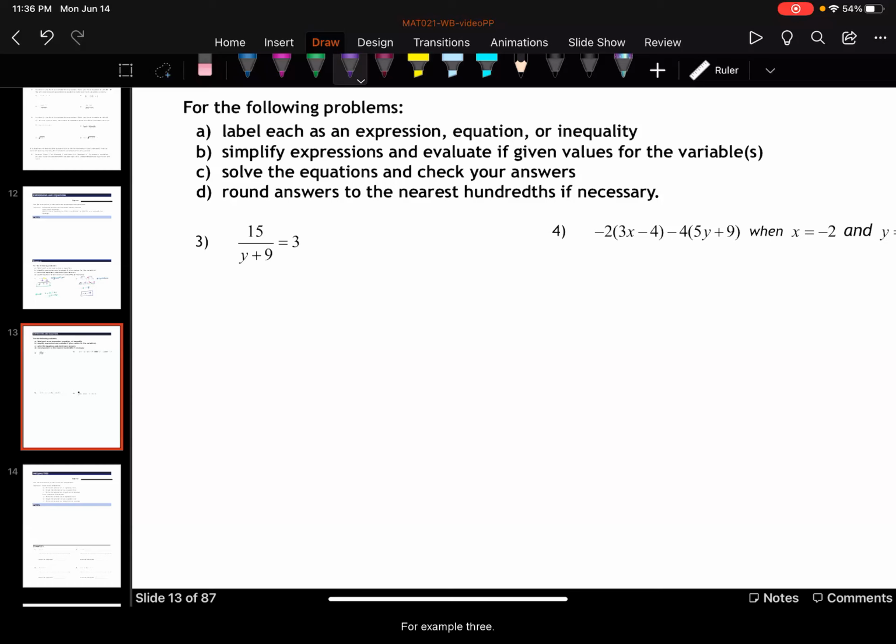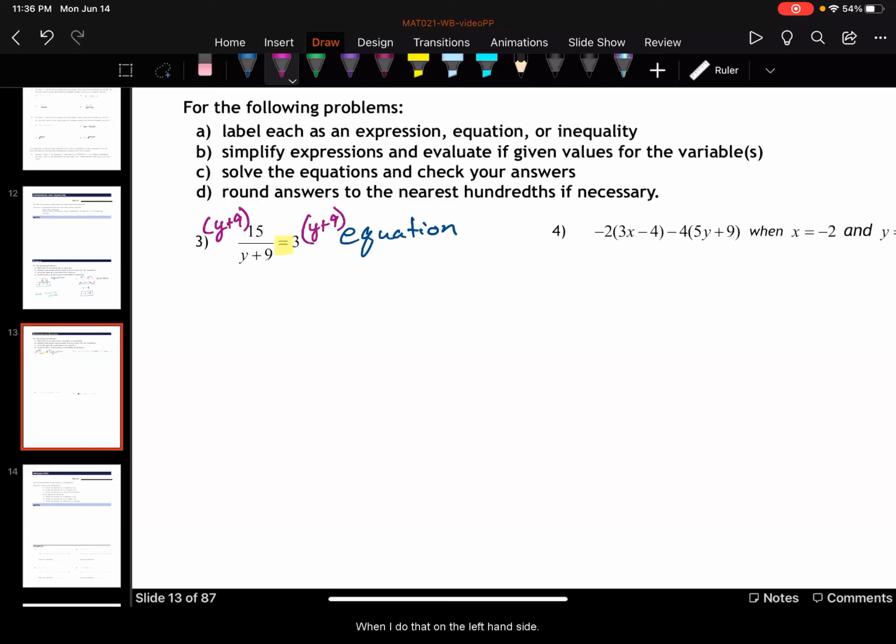For example 3, we have an equal sign in here, which tells me right away we have an equation. So for this equation, I want to not have a fraction. The easiest way to not have fractions is to multiply through by a least common denominator. In this case, my whole denominator. So I'm going to multiply both sides by y plus 9.